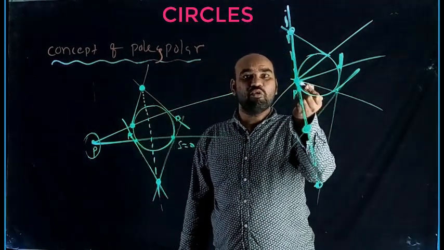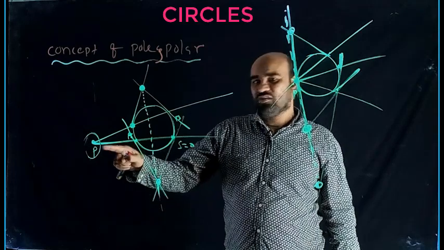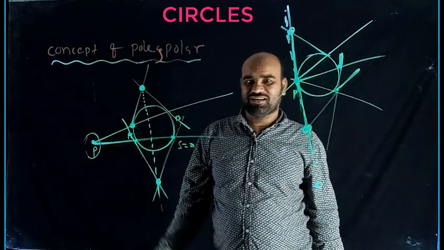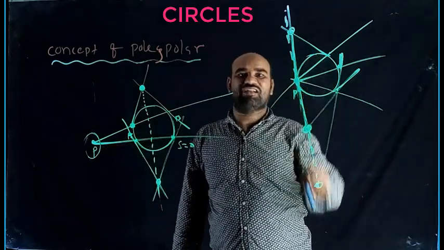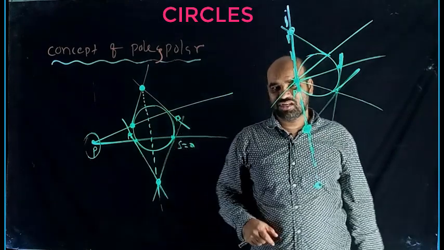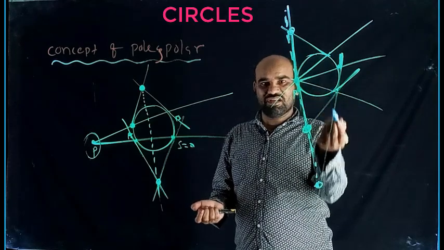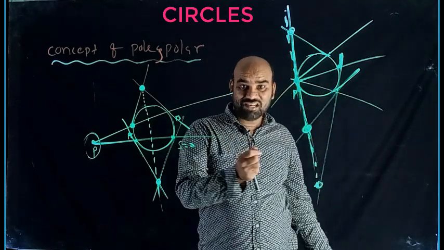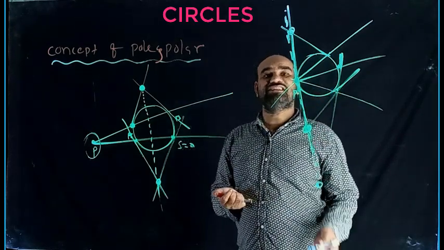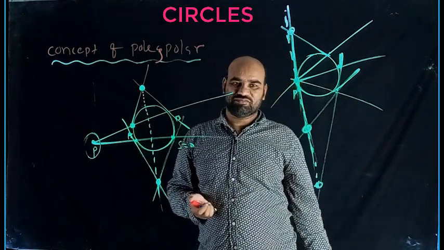Now in this case, the pole is on the polar. Earlier, the pole was outside the polar. Here the pole is on the polar. Understood? Situation number 2. So the point P is on the circle. Explanation okay? Understood? So if P is on the circle, then automatically the tangent drawn through that P becomes the polar.